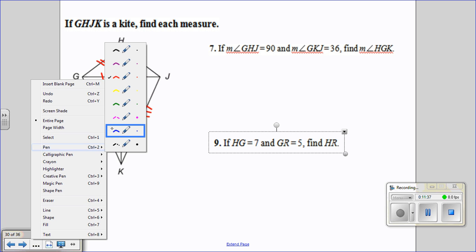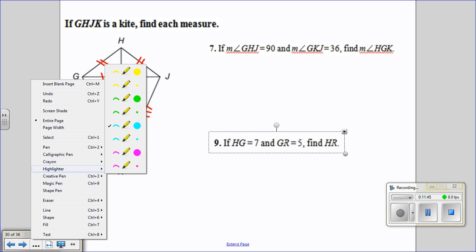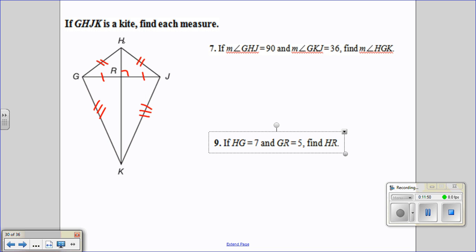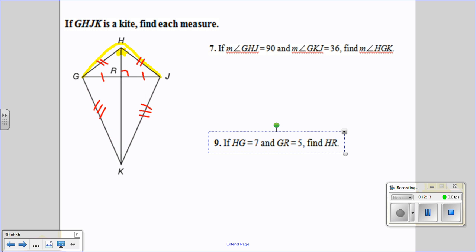We're also told that angle GHJ, this corner, the whole corner, is 90 degrees. So we'll mark that using the 90-degree box.